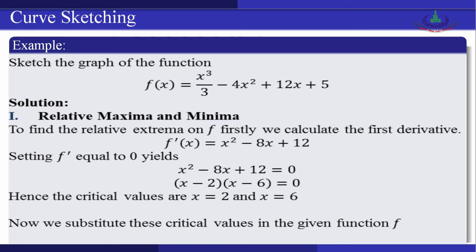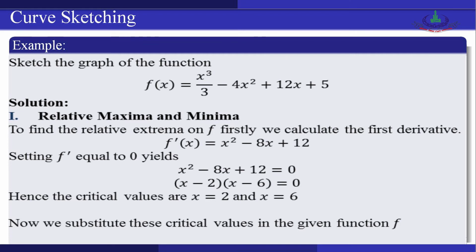Now putting f prime equal to 0, we get x square minus 8x plus 12 is equal to 0. Now we factorize it and we get x minus 2 multiplied by x minus 6 is equal to 0.